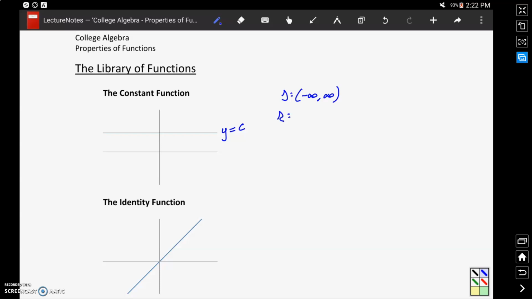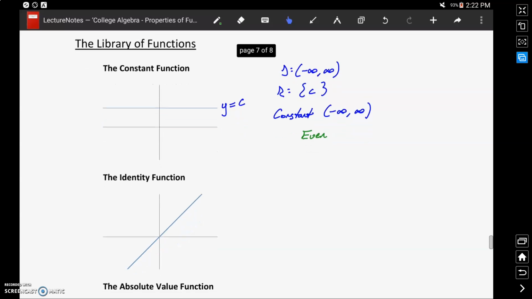Its range really only exists as a single value, just whatever c is. Our function isn't going to be increasing or decreasing, and so what we would say is that it's actually constant on negative infinity to infinity. And we could also classify this as an even function, since it's a reflection of itself across the y-axis.